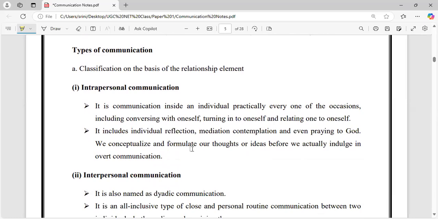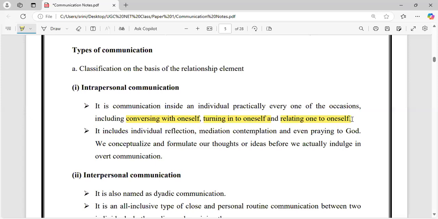It means I am just talking to myself. I am thinking about myself like that. Communication inside an individual, practically every one of the occasions, including conversing with oneself, turning into oneself, and relating oneself to oneself.